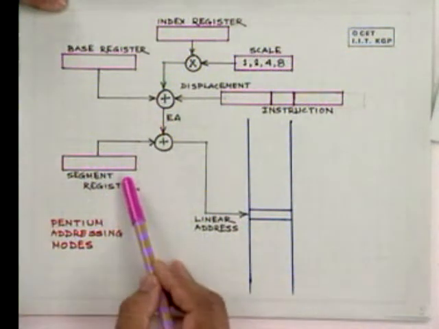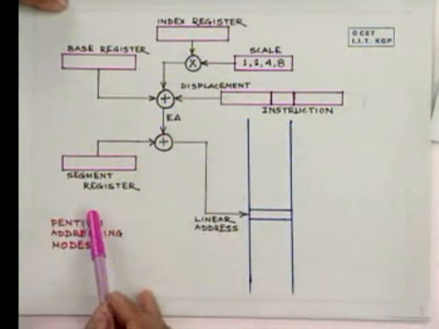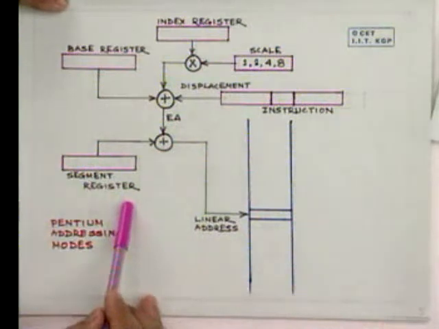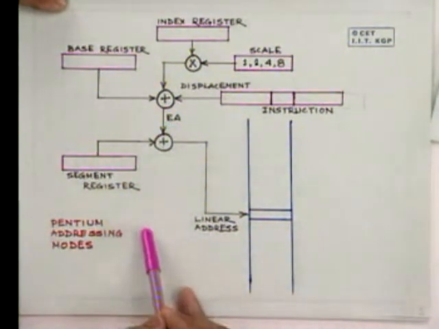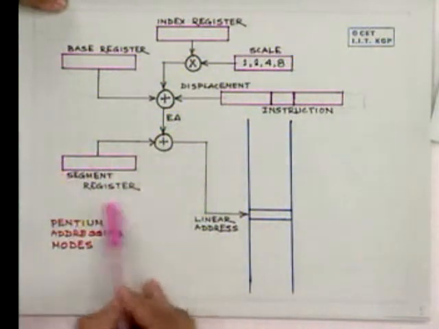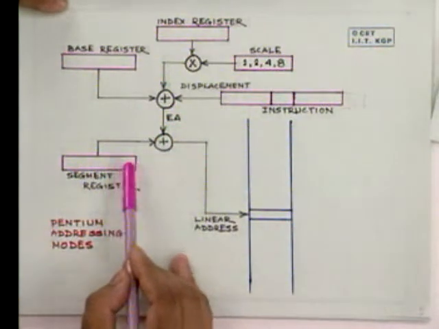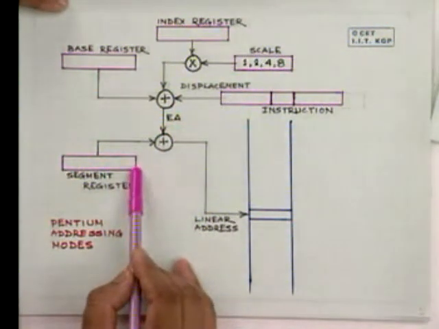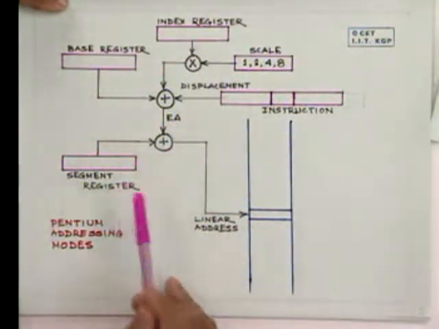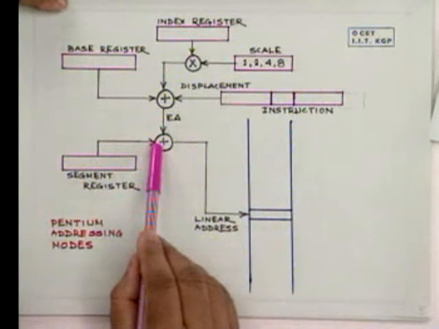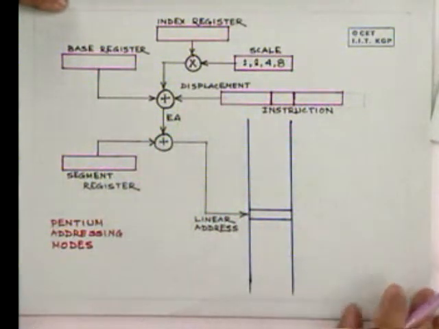The 6 segments are the code segment, data segment, extra segment, and so on. The segment registers point to a segment descriptor which contains the access rights and the limits of the segments. I have simplified this portion somewhat, because we'll be discussing some of these things when we talk about memory management later on. The content of the segment register is then added with the effective address to get the linear address.